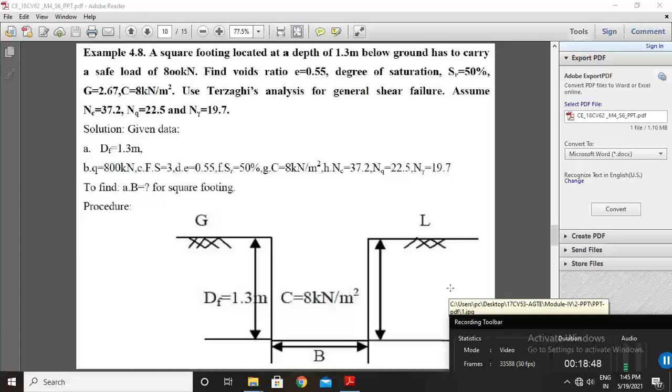To find B equal to how much for a square footing.